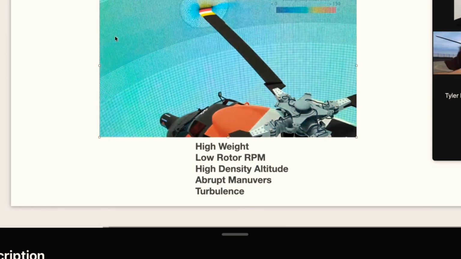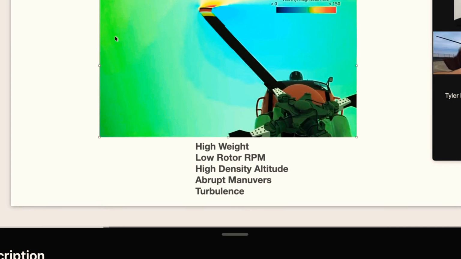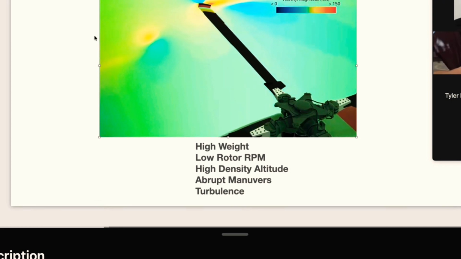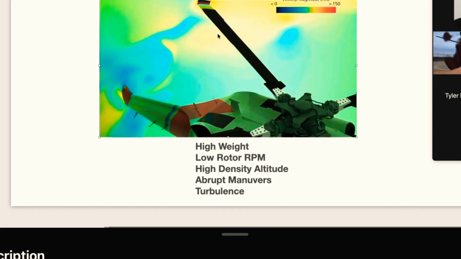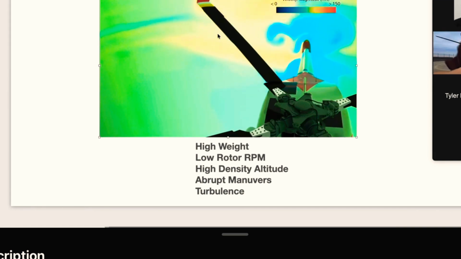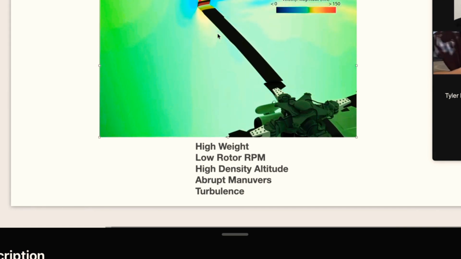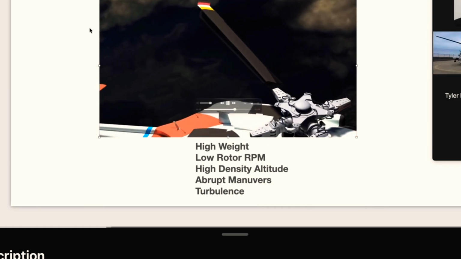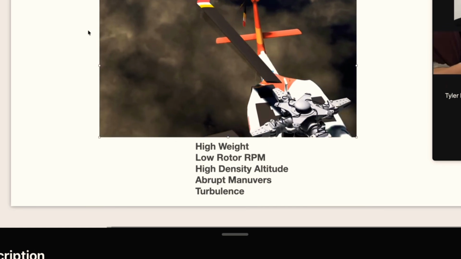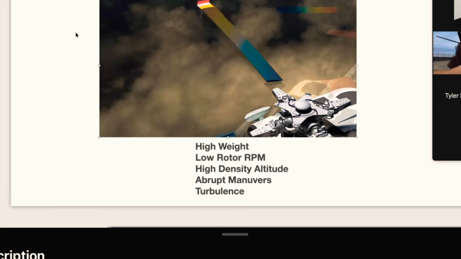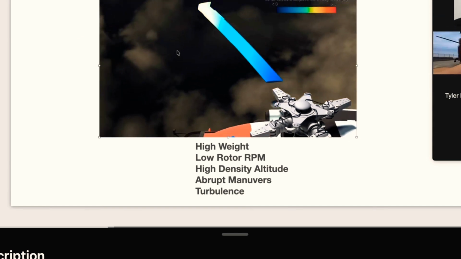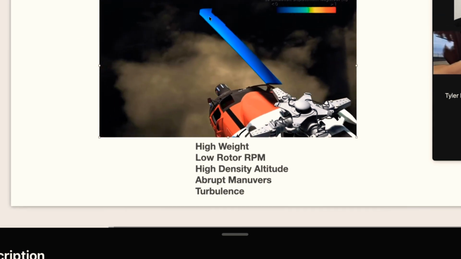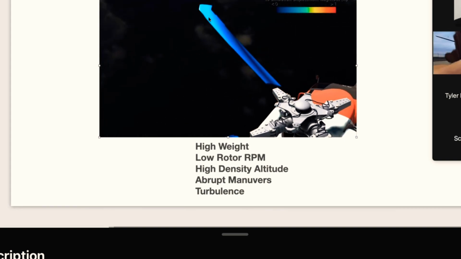I'm going to play this a couple times so you can follow along as I talk about the aerodynamic principles here. To keep the helicopter level, the lift produced by both sides must be equal. Since the retreating blade is moving slower, it must operate at a higher angle of attack to produce the same amount of lift. When we reach that VNE limit, as forward airspeed increases, the relative wind on the retreating blade drops further, requiring a higher angle of attack.